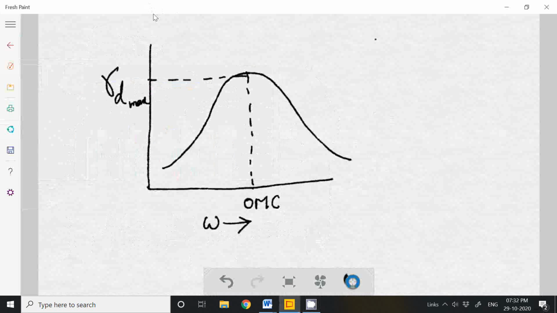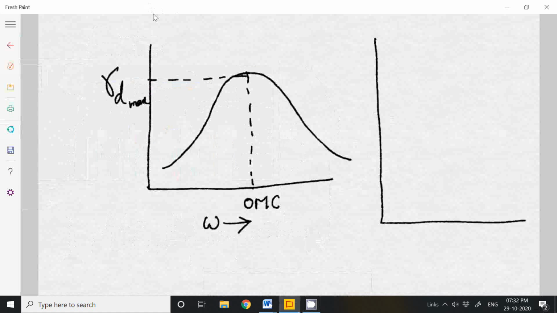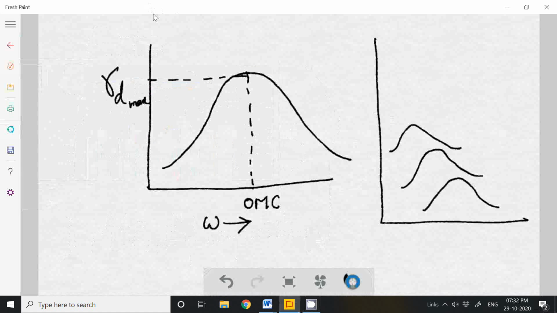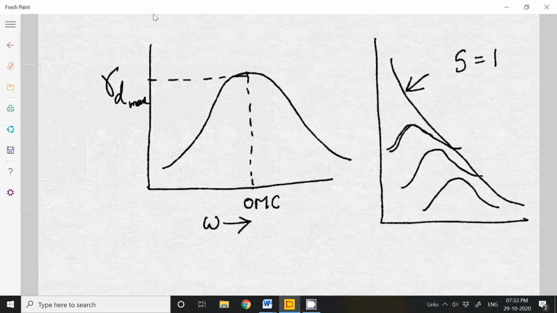Okay, and then the zero air void line we have already discussed. If you increase the compactive effort, it will go like this, isn't it? If you keep on increasing, then there is a zero air void line like this. It will not touch these curves. And this zero air void line is when 100% saturation is there, when S equals 1.